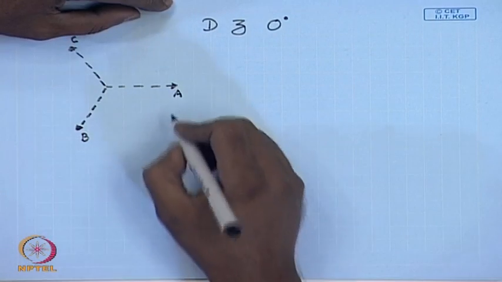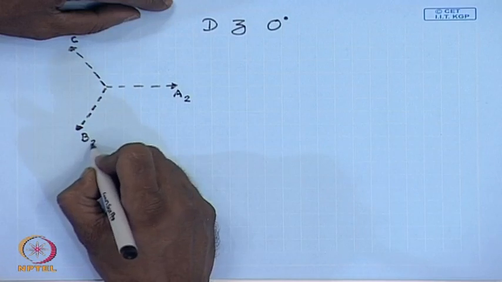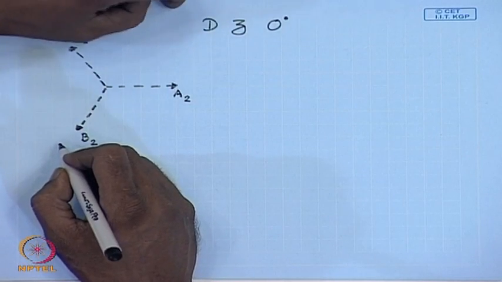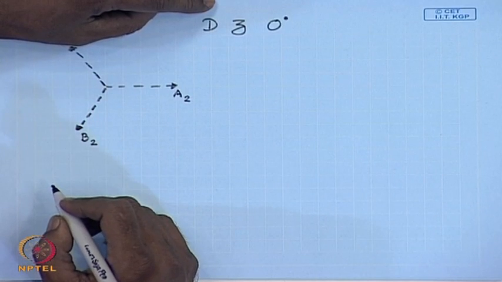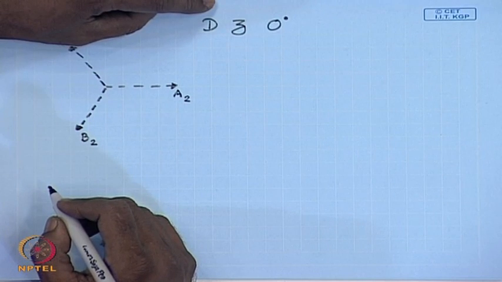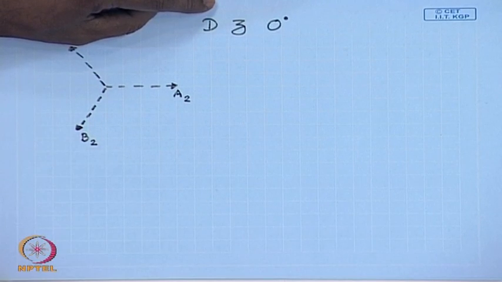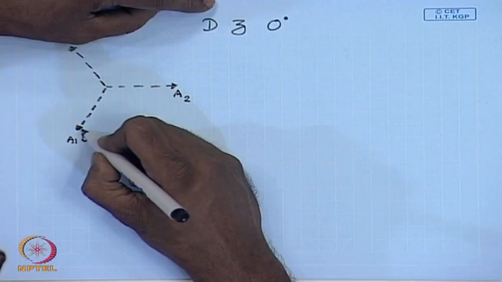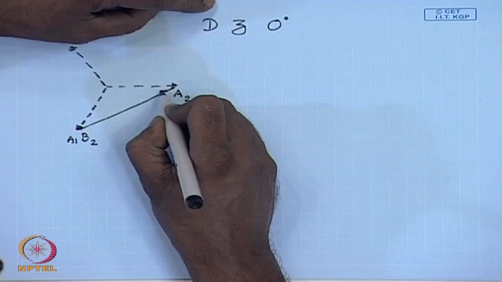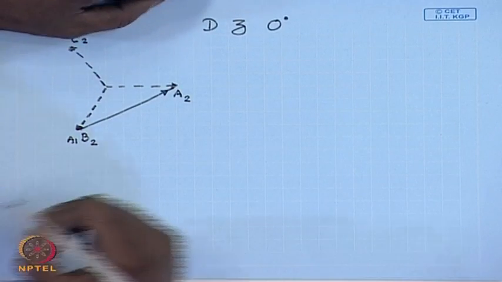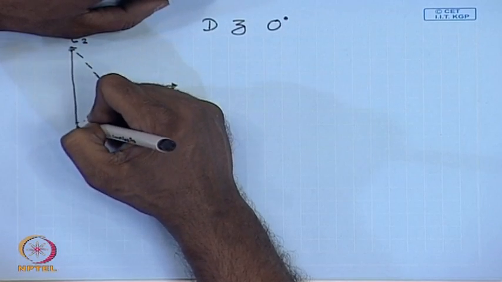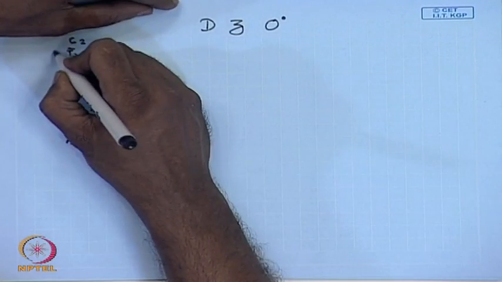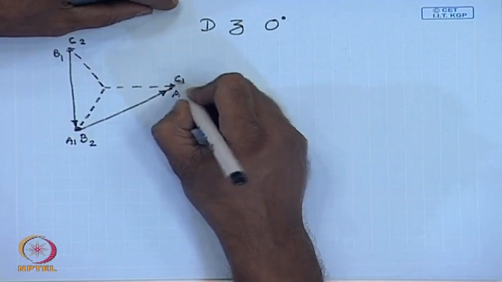And if we assume the terminals are connected from A2, B2 and C2, then let us say this is A1. So, the winding voltage is A1 A2, B1 B2 and C1 C2.